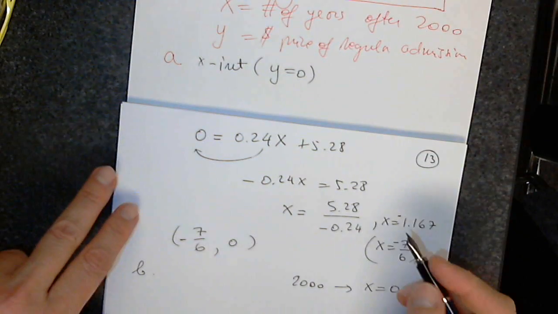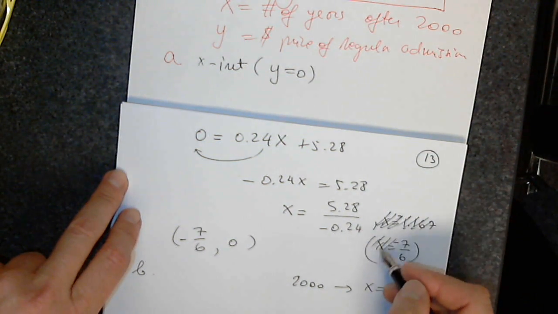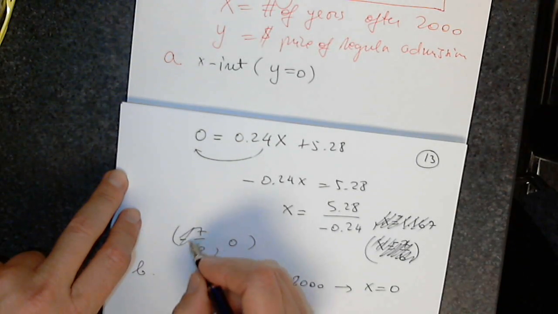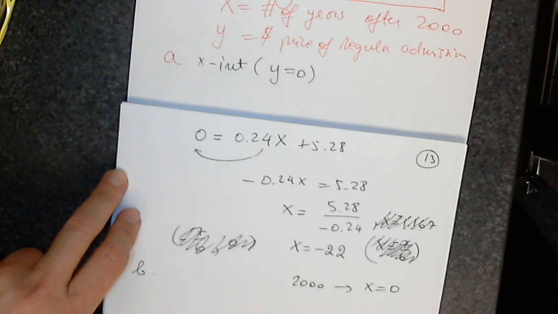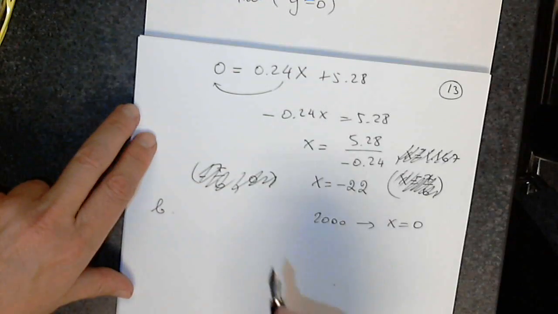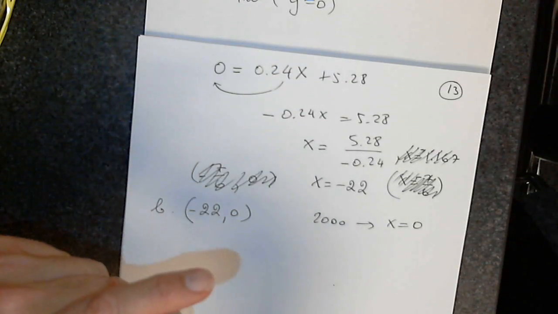Sorry about that. So x equals negative 22. So the ordered pair is negative 22, comma 0.